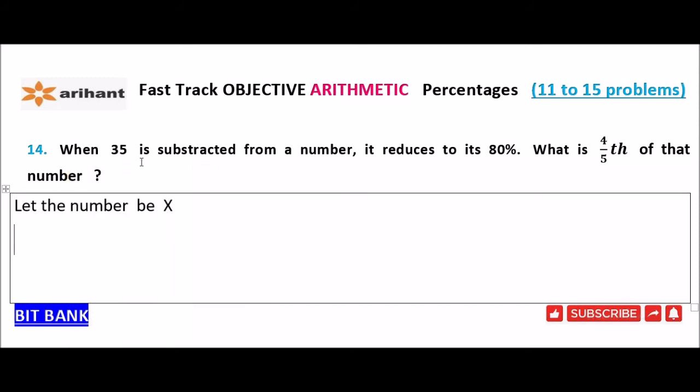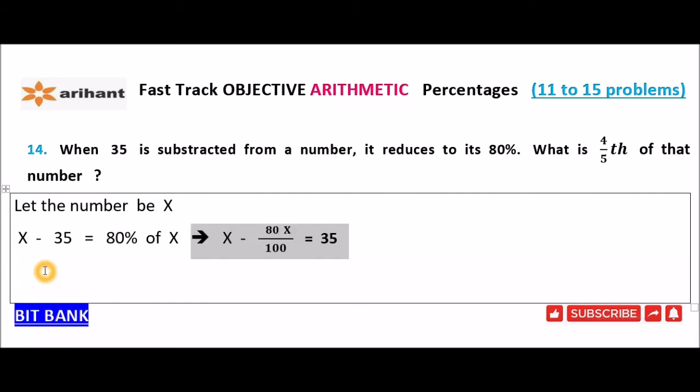Given that when 35 is subtracted from that number, x minus 35 is equal to 80% of x. So send all x related items to the left side and the number 35 to the right side. So x minus 80% of x is equal to 35.